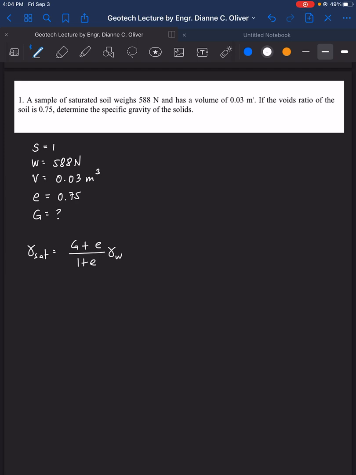So we are missing the G. We are also missing gamma sat, and given are the E and the gamma of water. So how do we get the value of gamma sat?